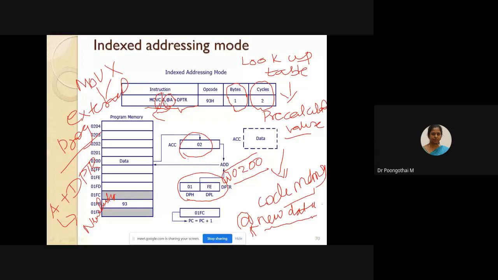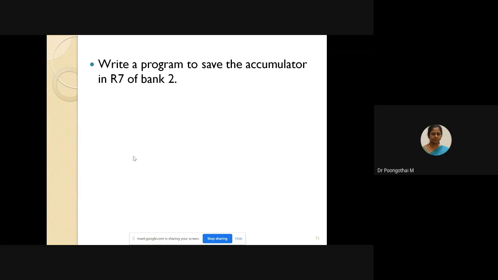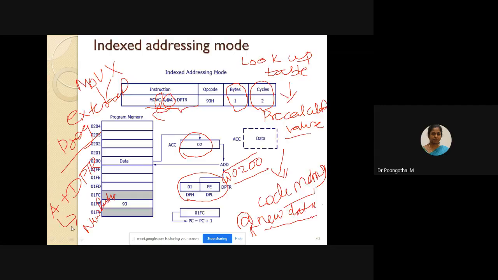According to the syntax of this instruction, we have to find out the data available at 0200. For example, 4F. This 4F should be transferred to the accumulator after execution.